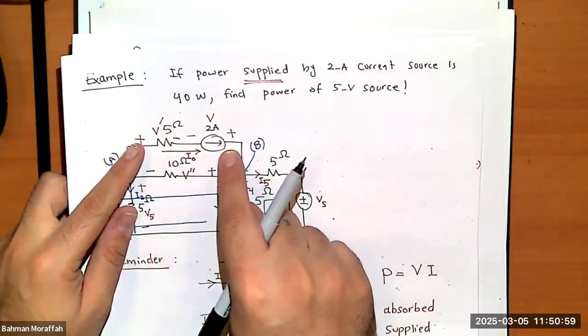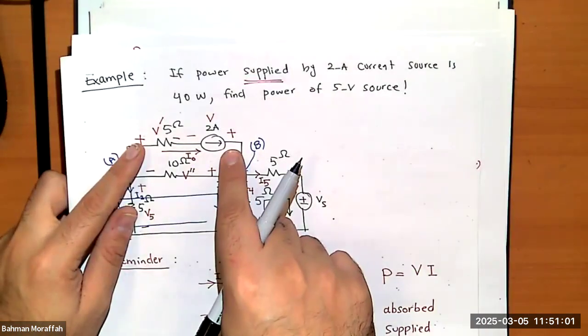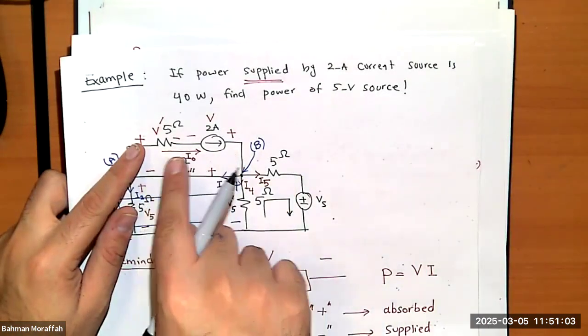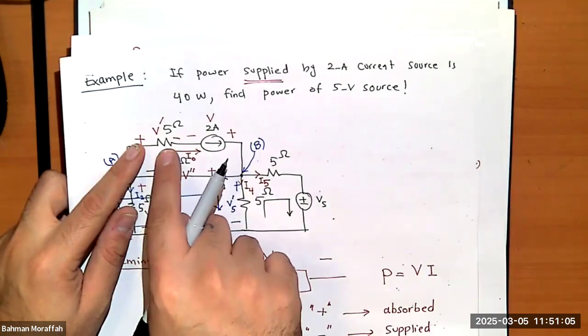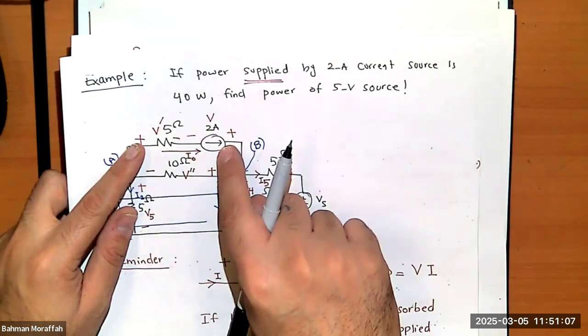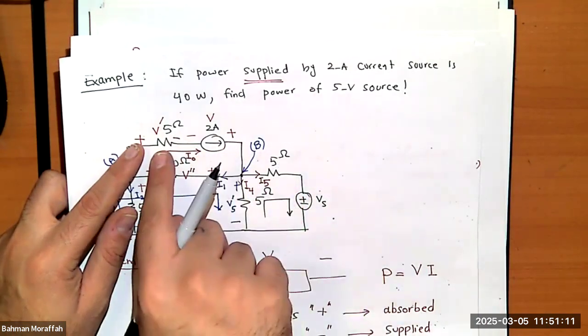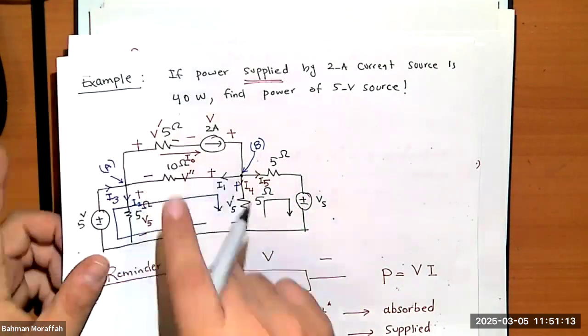these two elements are in series. One of them is a resistor, the other is a current source. Since these are in series, the current through this 5 ohms must be the same as the current through this 2 amps. Since I know the current through this is 2, the current through this one must be 2 as well.